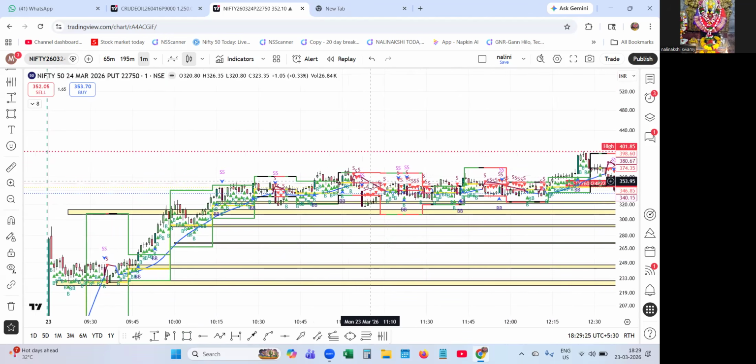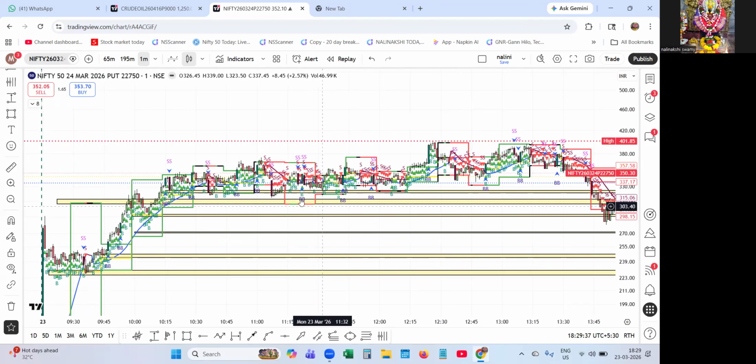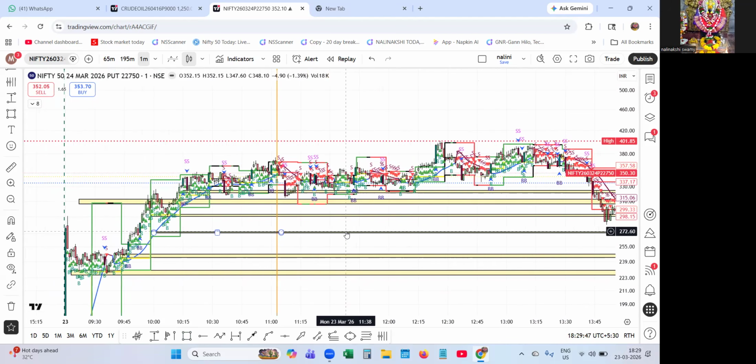Once it started coming down to the pivot support, it indicated some exhaustion in the put option. Around 11:15 you could have exited your trade. Like this, you can track, it becomes easy.